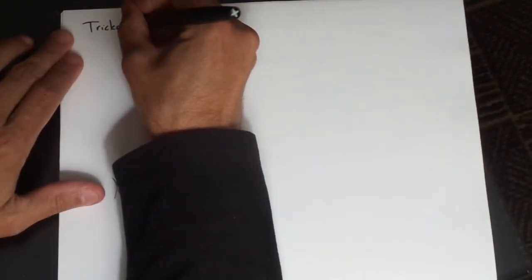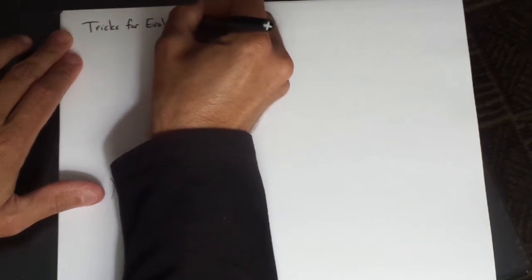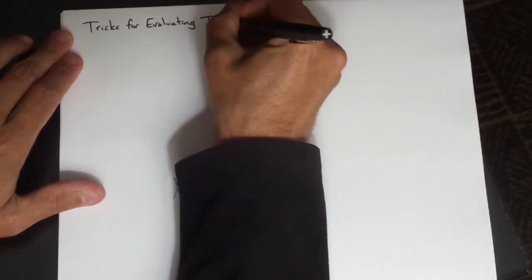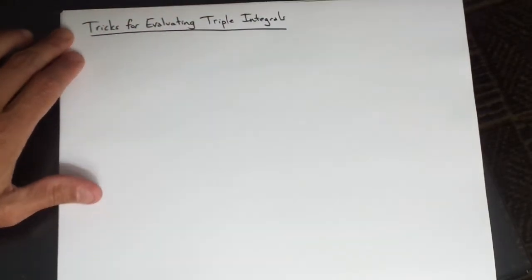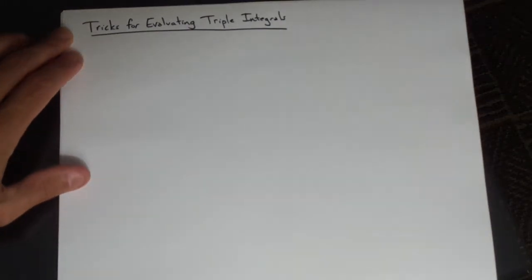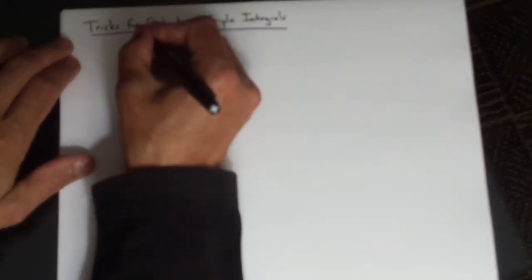So what are some tricks for evaluating triple integrals? You may remember that I made a list of tricks for double integrals very recently. This list of tricks for triple integrals is going to look very similar to that.